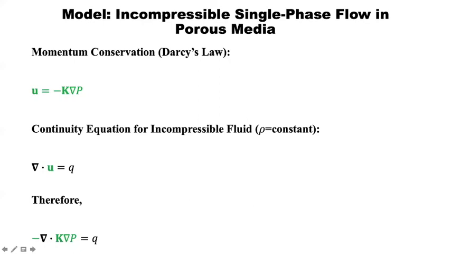By the way, we call this equation, can you see where I am pointing? Yes. We call this one the pressure equation, because now we can solve this one to get the pressure only, and we rid ourselves of velocity, maybe temporarily.